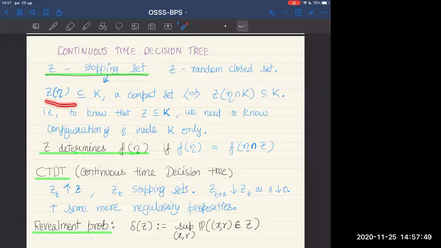It is allowed to depend on the Poisson point process. It's a random set that depends on eta.